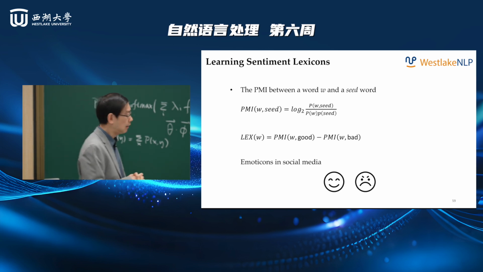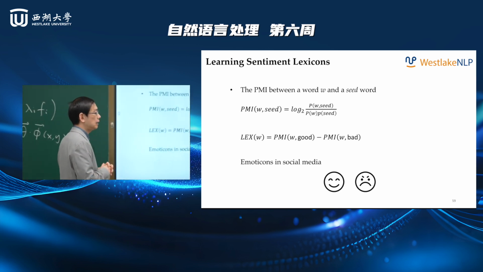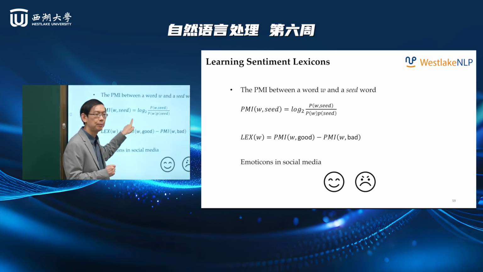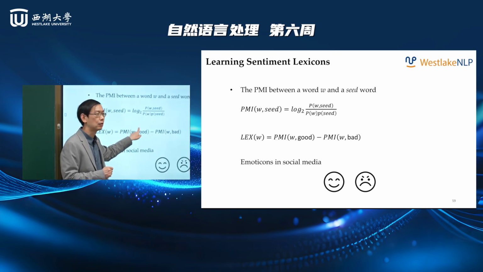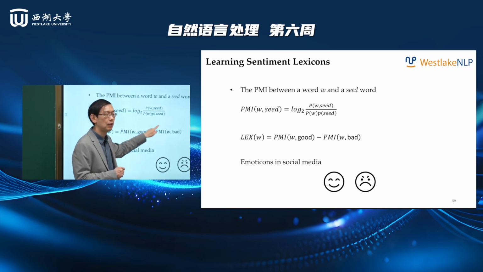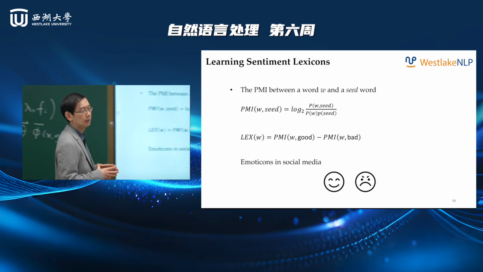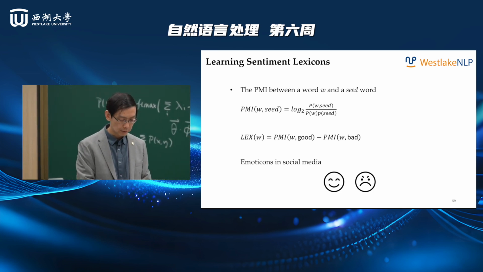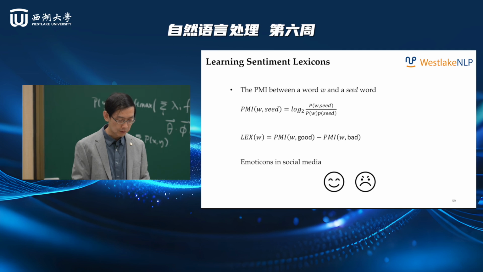And the sentiment polarity, the sentiment score of a word, can just be the PMI between the word and a good smiley minus the PMI of the word with a bad smiley. So that turns out to be very useful for mining a sentiment lexicon.